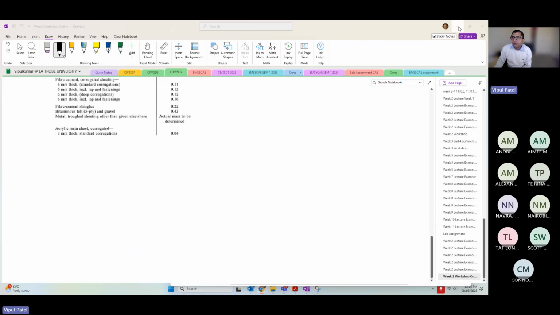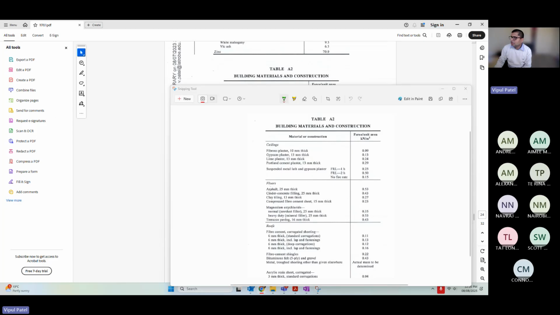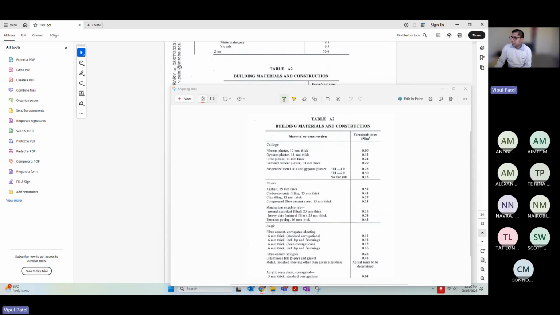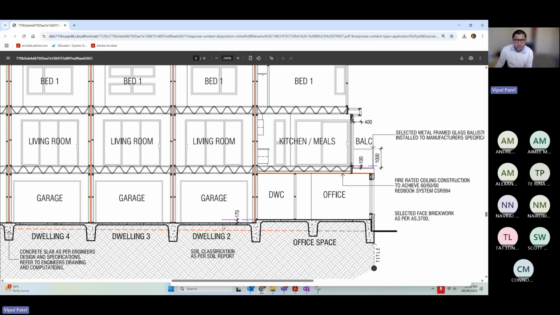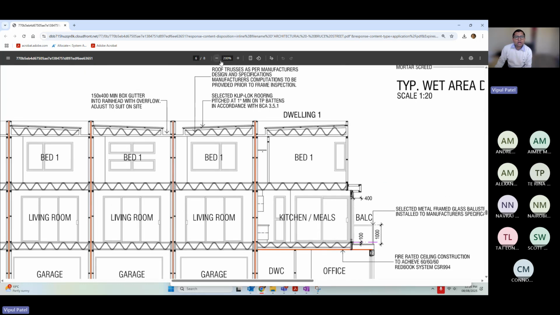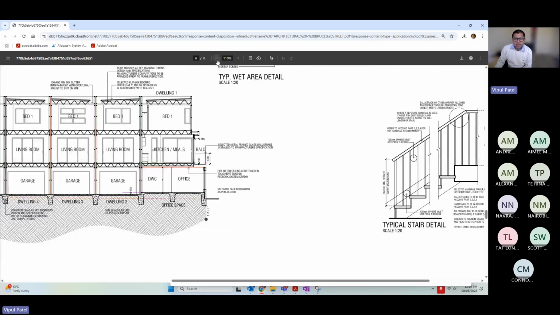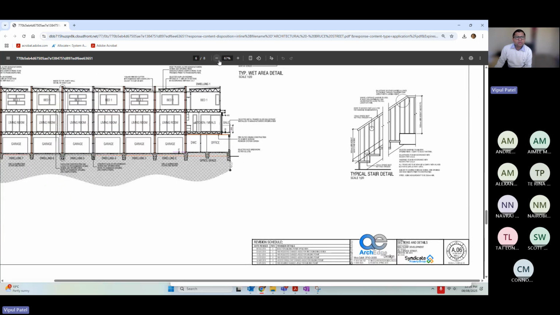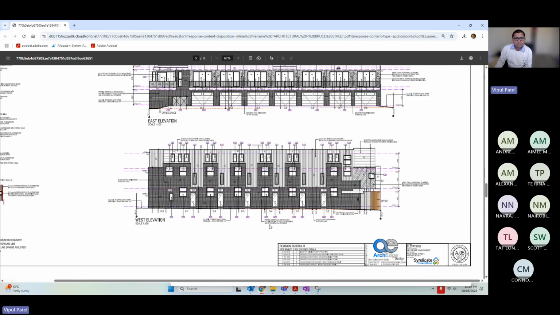But let me open the architecture drawing here. This one is a structure drawing. The architecture drawing is open in here. Okay, there you go. If you use your AutoCAD files and the measure tools, I can open the AutoCAD file later, and that will give you some distance.